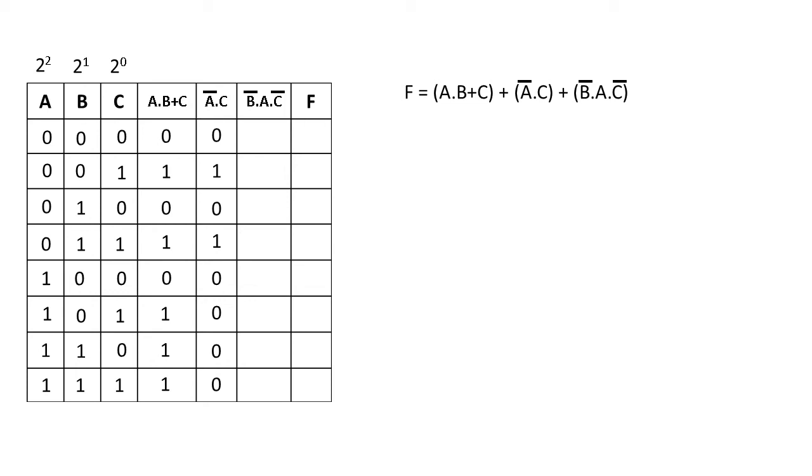b naught into a into c naught. Okay. So b naught, that means complement of 0, 1, 1 into 0, and complement of c, that is 1.